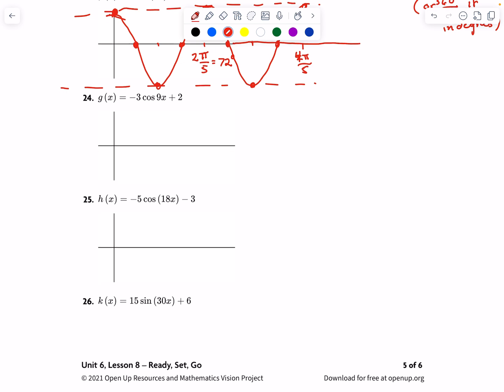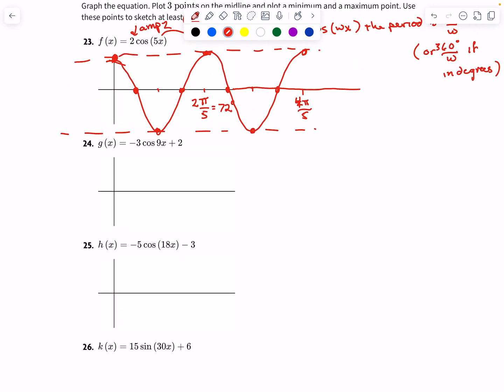Okay. This one we're going up to, and upside down. So I'm going to make it go from, let's see, what's the range? So -3 to 3, and then upside down is still -3 to 3, but then up 2.